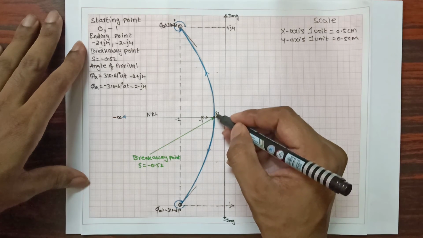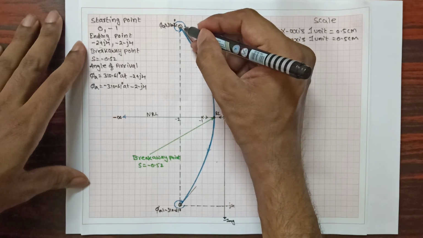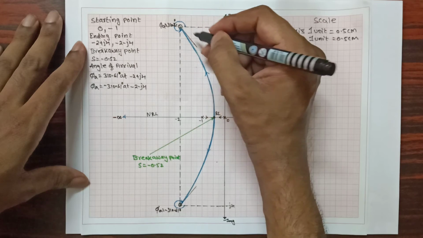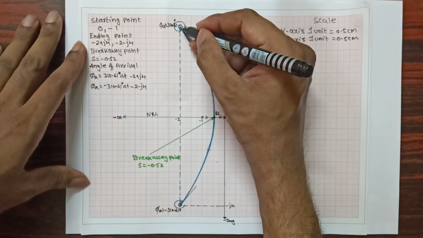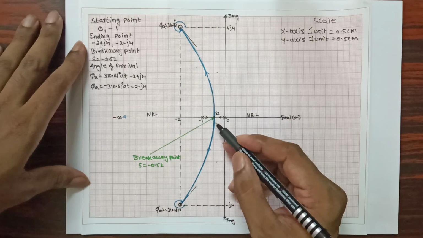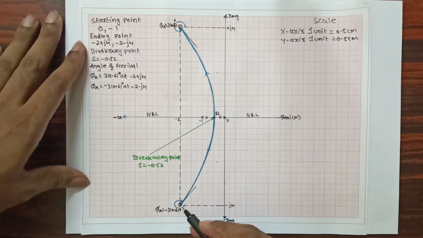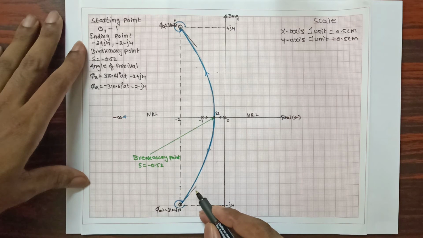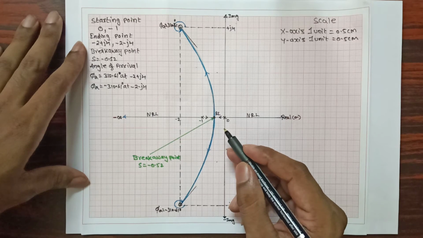See here, this branch is arriving towards this zero by following an angle 310.61 degree, whereas this branch is arriving to this zero by following an angle minus 310.61. In this way the branches have approached the zero locations.